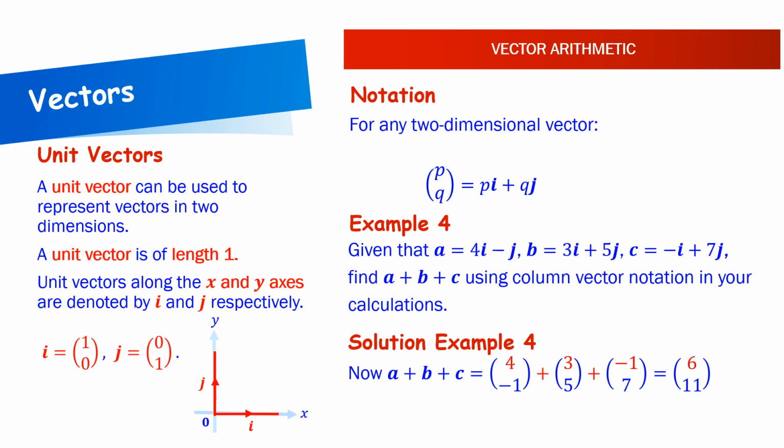Adding the x components gives 6, and adding the y components gives 11. To give us a vector (6, 11). So a plus b plus c equals 6i plus 11j.